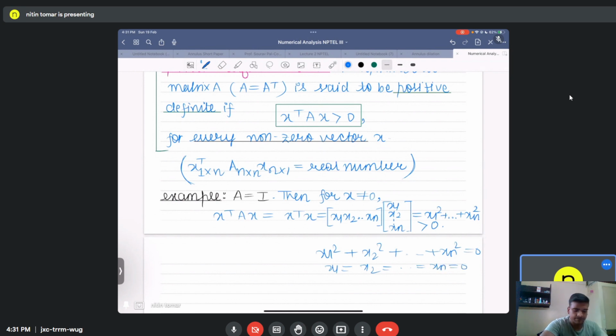But this cannot be possible, because x is chosen to be a non-zero vector. So I hope this is clear.